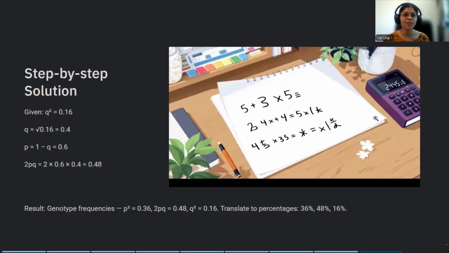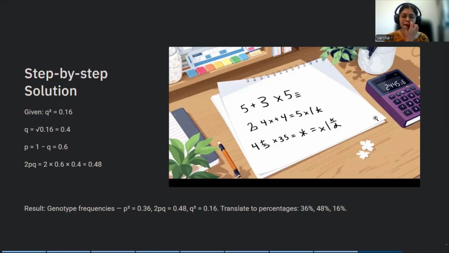Okay, let's go. So the solution will be: you have been given Q square, which is 16%. If you turn it into a decimal, it becomes 0.16. To find the frequency of the recessive allele, you will have to find the square root of 0.16, which is 0.4. So that's your Q, the recessive allele frequency.